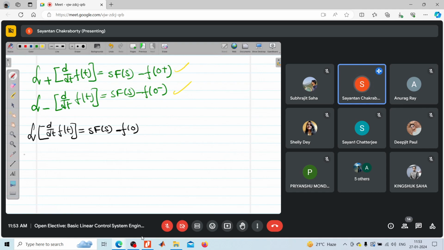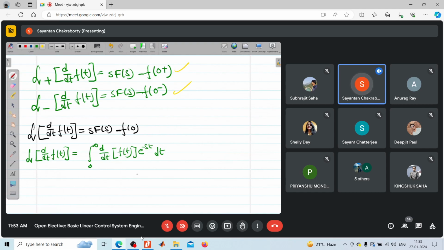If we take the left hand side, that is the Laplace transform of d/dt of f(t), equal to the integral from 0 to infinity of d/dt f(t) e^(-st) dt. Now I'll just prove this in another way. We'll take each part one at a time.